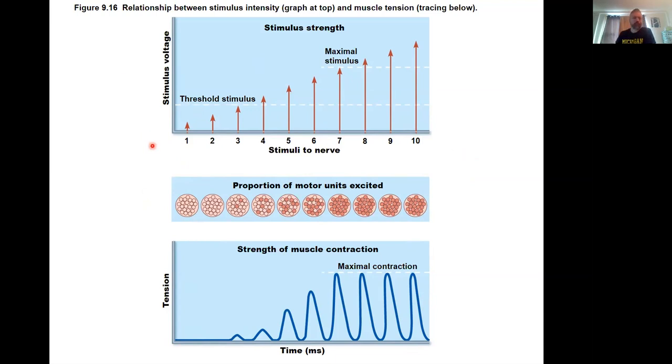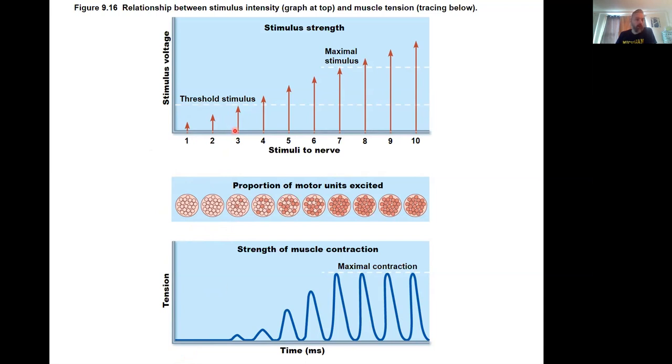The idea here is for weak stimuli, ones that don't meet threshold, so these first 2, we don't actually have any contraction at all. There are no motor units that actually get stimulated. And because no motor units get stimulated, no tension is applied and nothing happens, right?